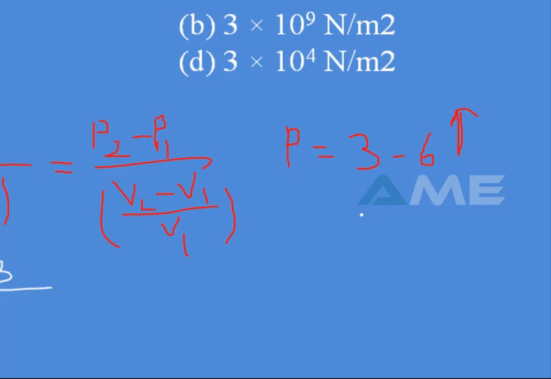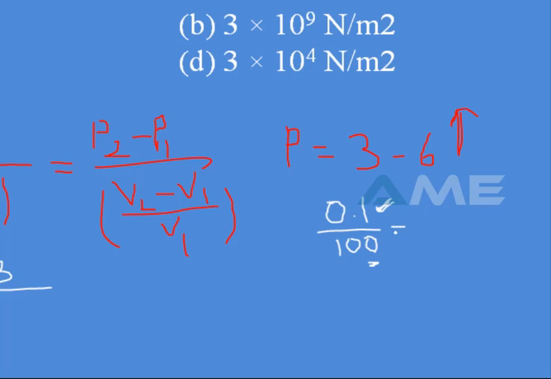What is decreased by? Decreased by 0.1% means 0.1 divided by 100, is it right? 0.1% means in 100% of volume it is reduced or decreased by 0.1, okay, the value of 0.1.